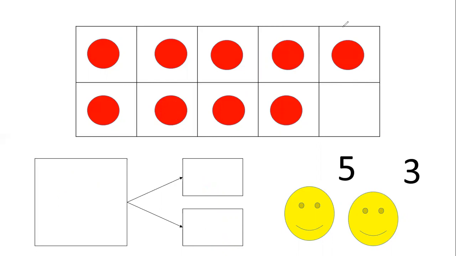Let's try another one. All right, here we go. There were 9 flamingos hanging in the grass, but some of them decided to fly away.